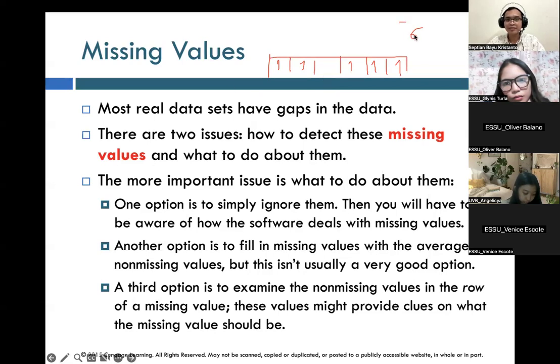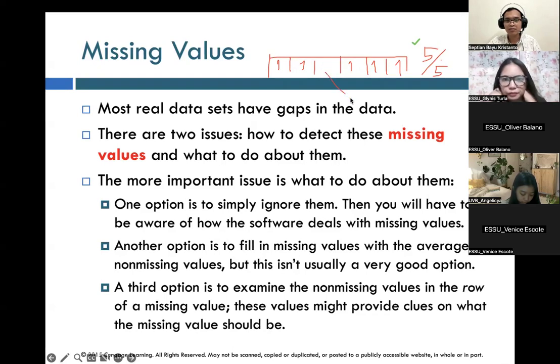So in this case, if you make conclusions, it's only 5 divided by 5 data, because it's only 1, 2, 3, 4, 5. Only 5 data have a score. One is a missing value.